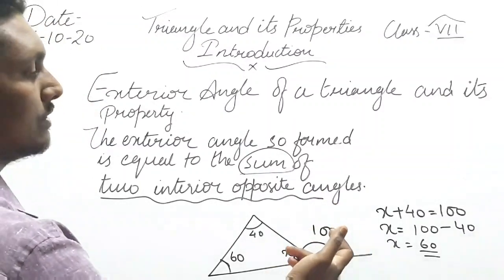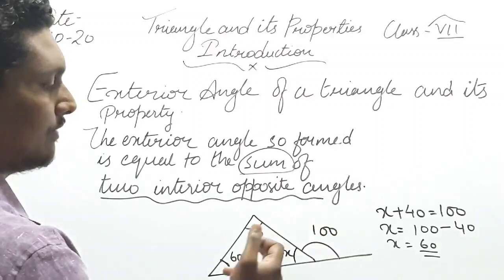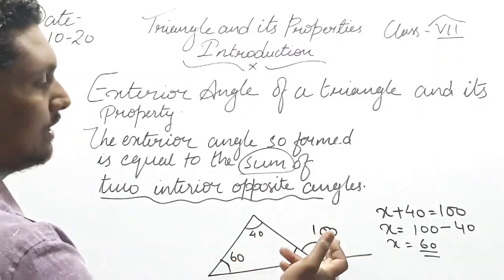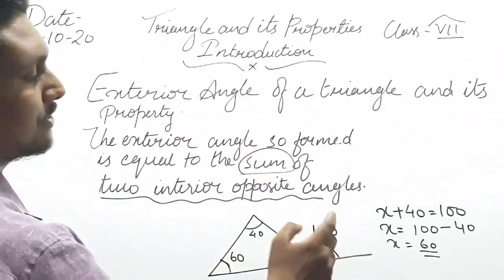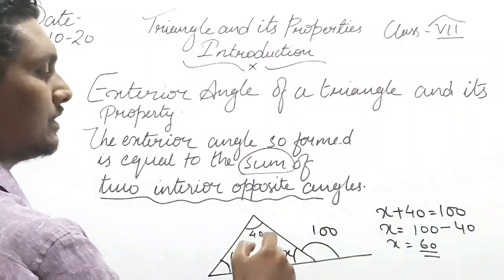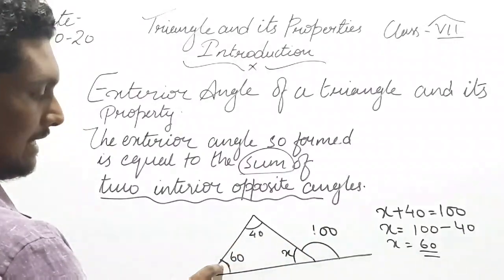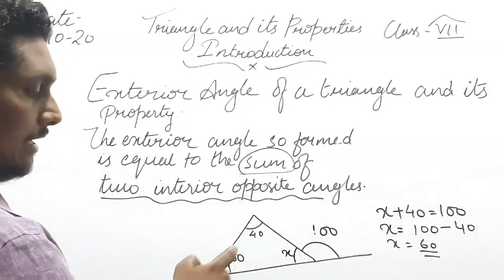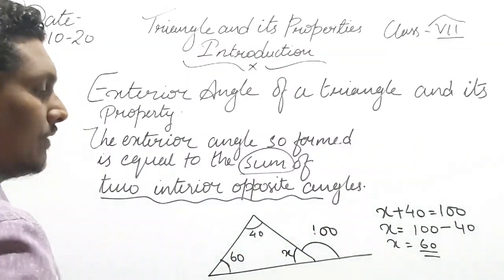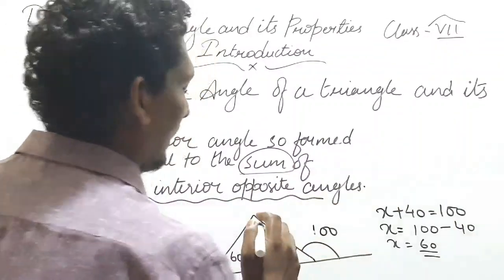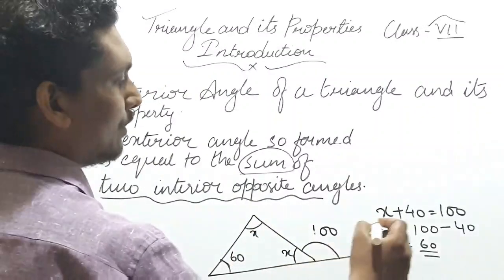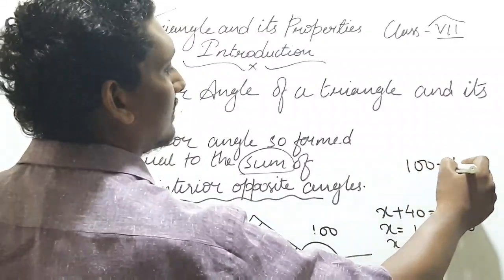We have to subtract the known angle. For example, for this question, subtract 100 minus 40, you will get 60. The sum of these two is the exterior angle, and the difference gives the other angle, 60. And the same way, sometimes if you have to find this angle, you do the same thing, right? For finding this x, we have to do 100 minus 60.